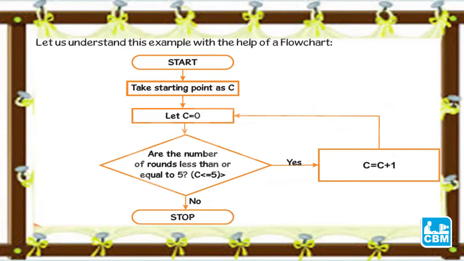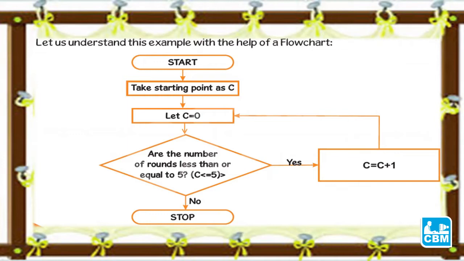Let us understand this example using a flowchart. Once we start our program, we need to take a starting point, which is nothing but define a control variable C. We initialize the control variable C to 0. Now we'll check the condition whether the number of rounds is less than or equal to 5.